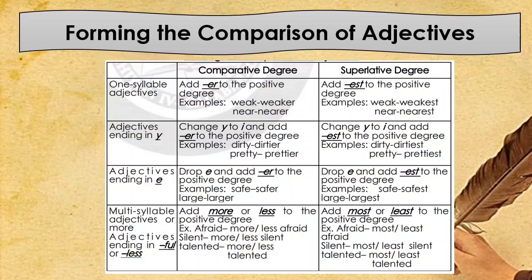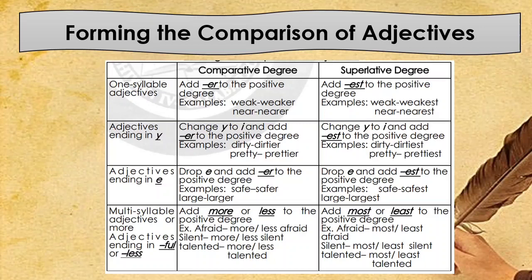Near, it will become nearer. Now in a superlative degree, add the suffix est to the positive degree. Examples are weak, it will become weakest. Near, it will become nearest.